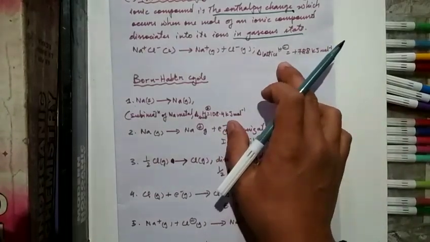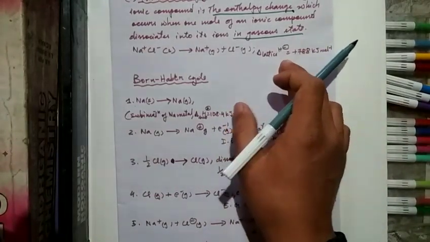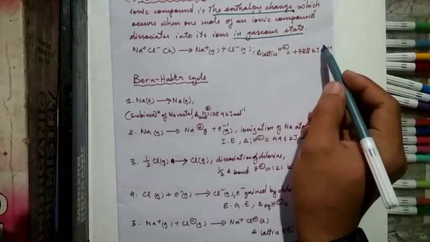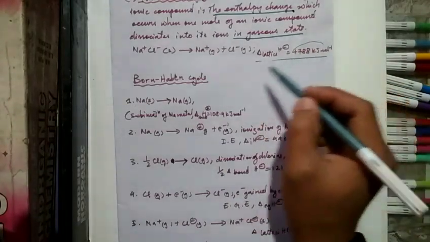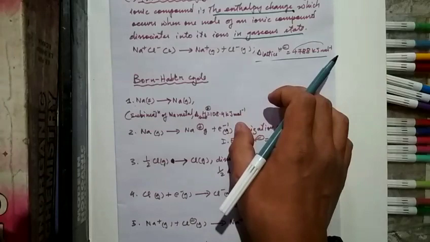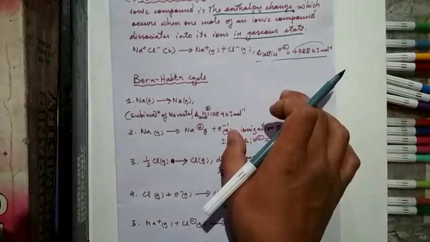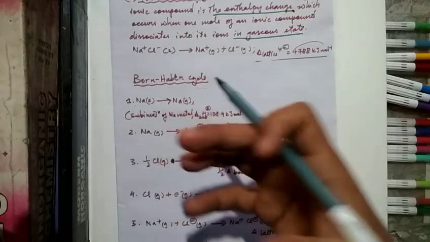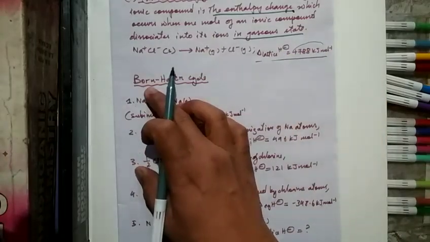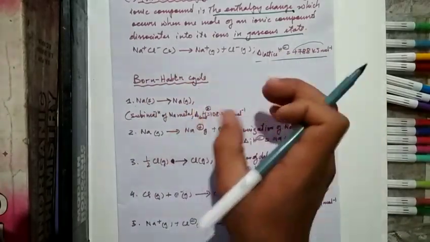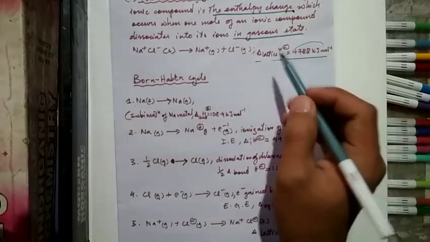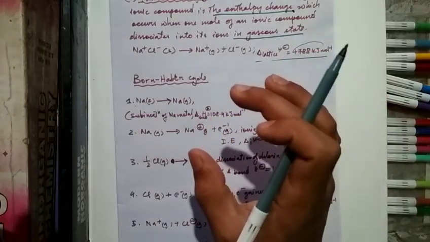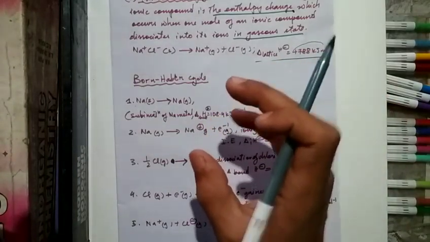Now in actual case, it is impossible to determine this lattice enthalpy by experiment. So Born and Haber developed the Born-Haber cycle to calculate lattice enthalpy through successive steps.